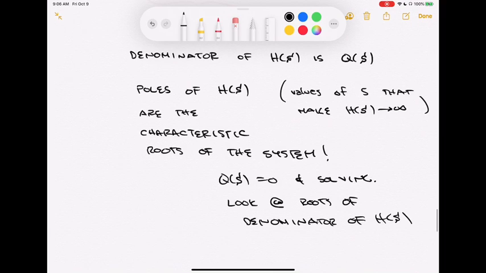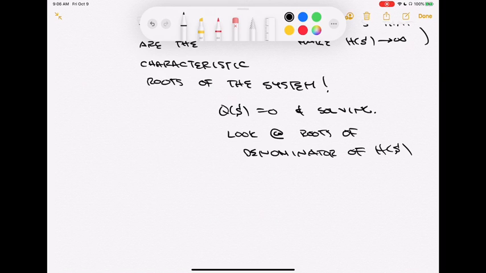And because we know that these characteristic roots establish things like the stability of the system, we can look at the system transfer function, not only to get us that h of t if we want, but we can also use it to establish information about the stability of the system.